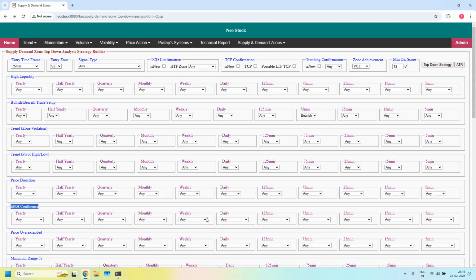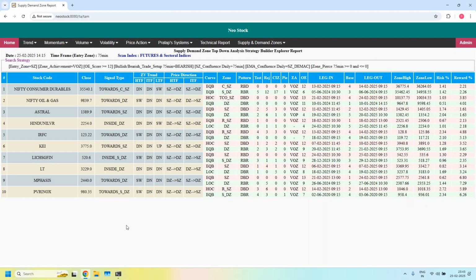In the EMA confluence at a daily time frame, because 75 minute supply zone is overlapped with daily supply zone, that's why we are looking for daily supply zone having daily EMA confluence or not. Anyway, trend is downtrend in all these stocks. So we got 10 stocks. So these 10 stocks are even more high probability trade setup supported stocks.